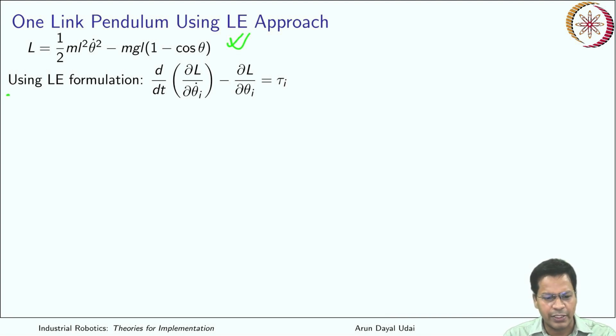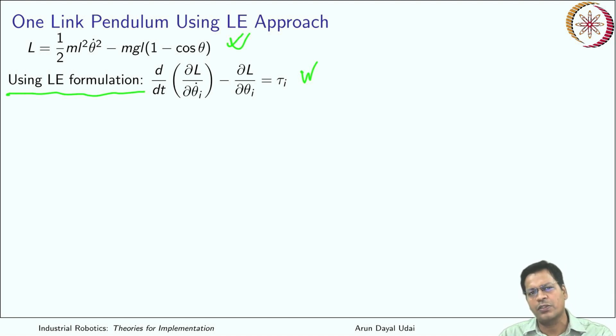This is your Lagrange-Euler formulation. Going through the derivation of Lagrange-Euler is beyond the scope of this course. That should be of interest for students who want to do higher studies and advanced studies of robots and multi-body system dynamics. For them this should be very useful, but for industrial robotics students that should not be much of a concern, but we'll be using this directly now.